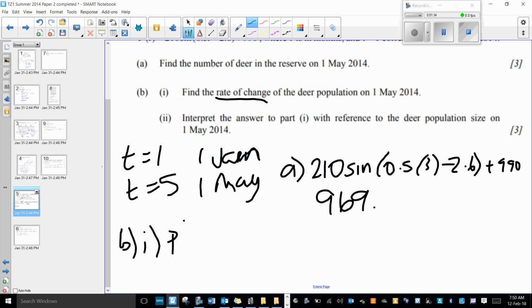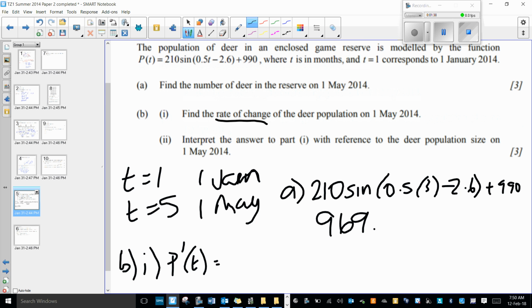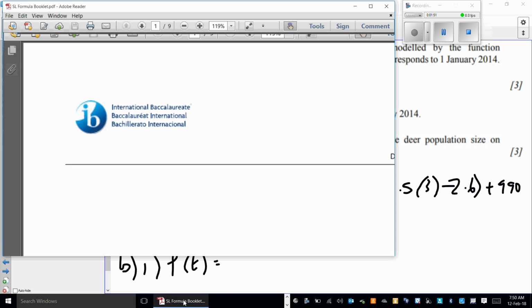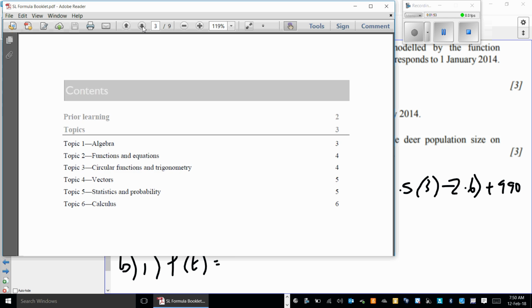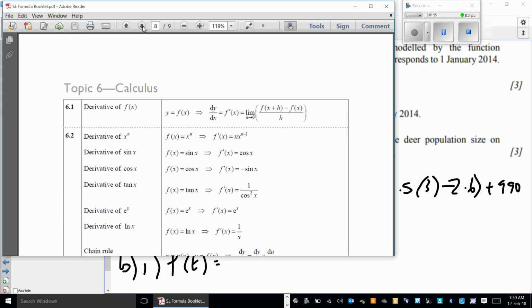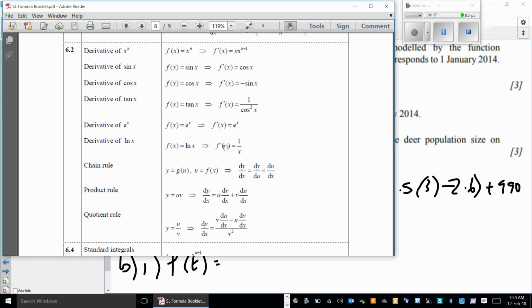So let's get that in sight. Just so you remember, if you're not sure, the derivative of sine goes to cos.